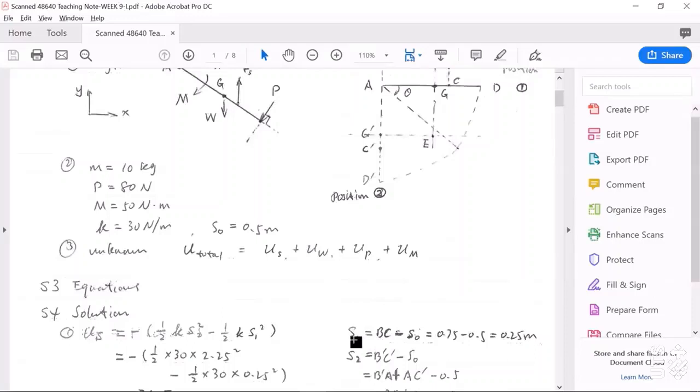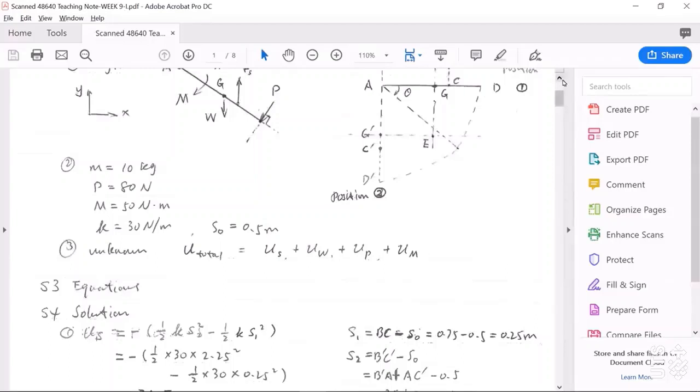S1 is the difference between the absolute length of the spring and the unstretched length of the spring.